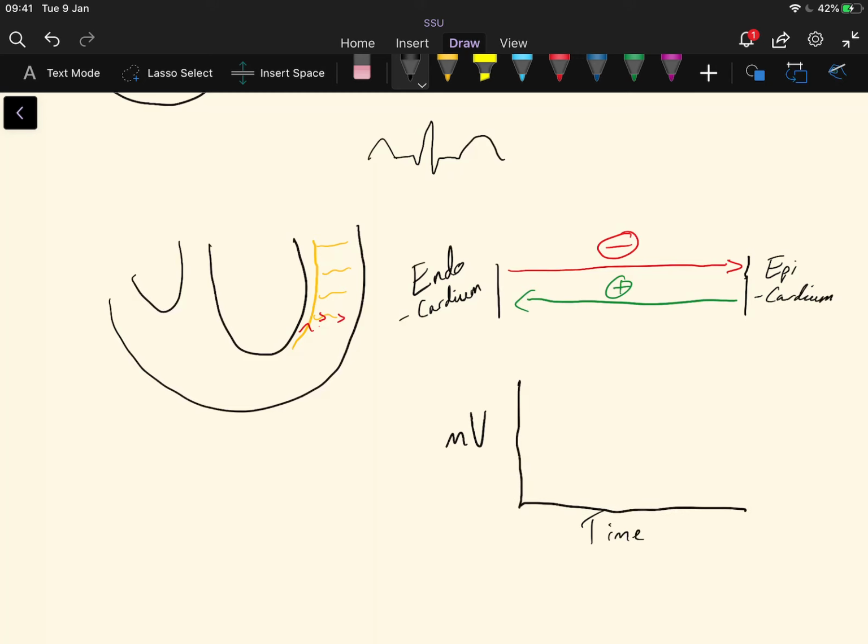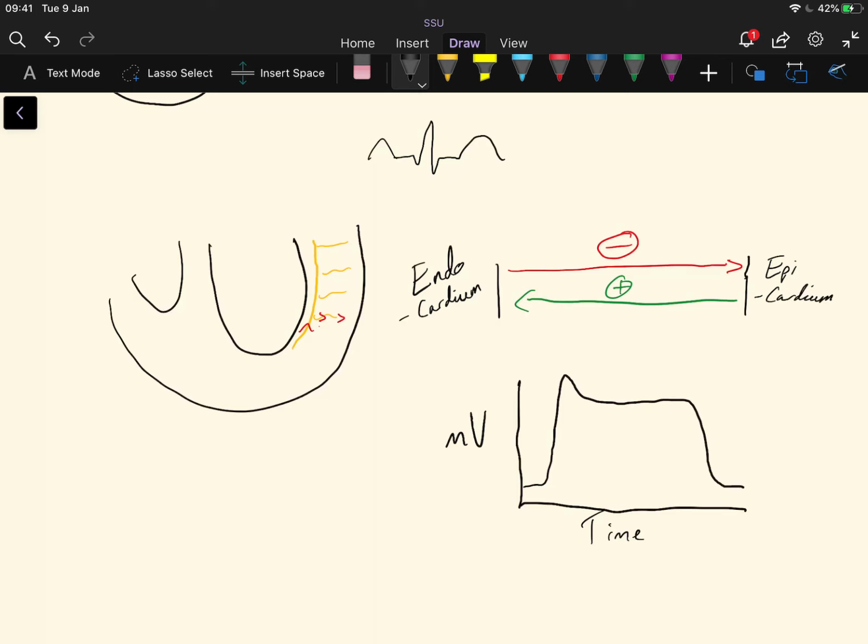We won't go into too much detail. But essentially, if we draw the endocardium in a solid black line, we have this normal depolarization shape.